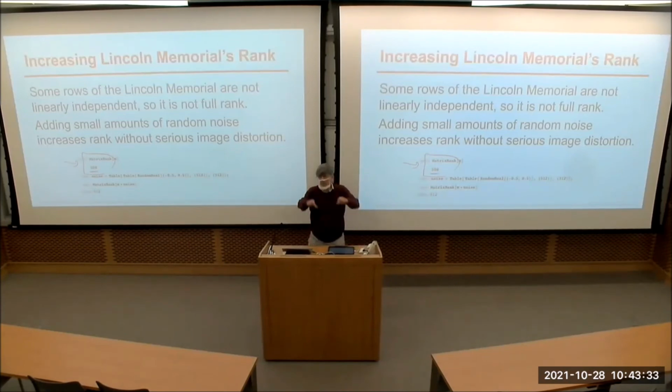Remember, in the Lincoln Memorial, the rows, all the stairs looked very similar to each other. Quite possibly, two of the rows were exactly the same. Or even if they weren't exactly the same, it might have been that 5 of the rows could have been a linear combination that added up to the 6th row. Regardless, we did not end up with a matrix that had enough rank to it.